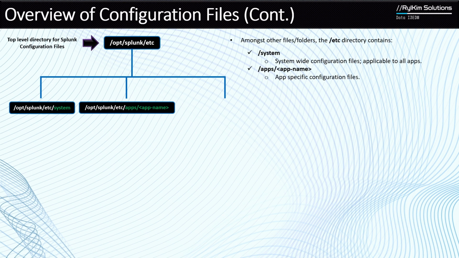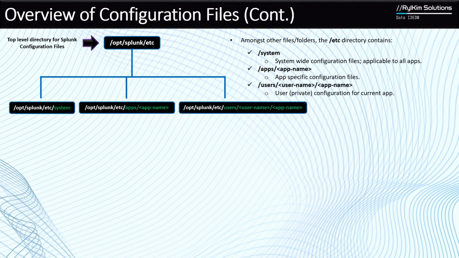Now, the third one here is the user folder. This one is for private user configuration for the current app. For example, you are working within the search and reporting app, and let's say that you only have a user role. Remember we said with the user role, you can only create private objects. You cannot share them. So anything that is associated to a specific user is going to be found in this user folder.